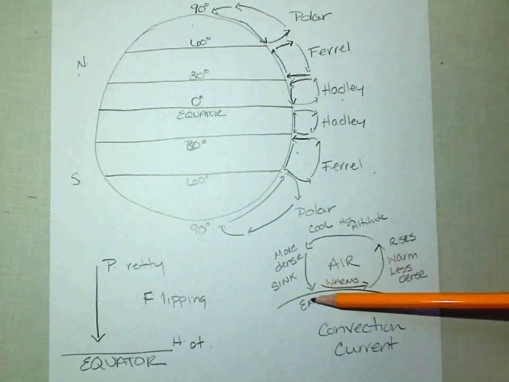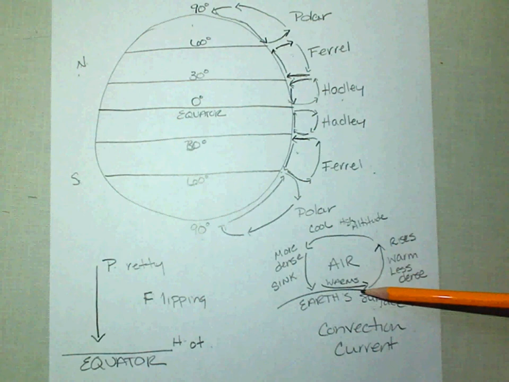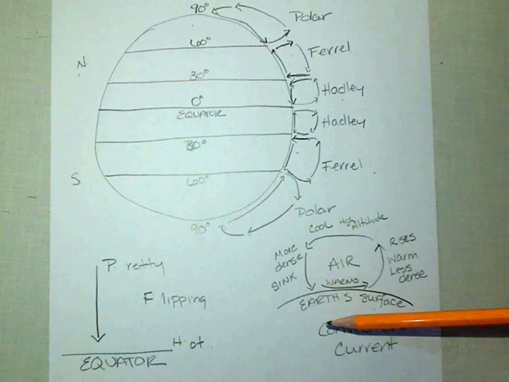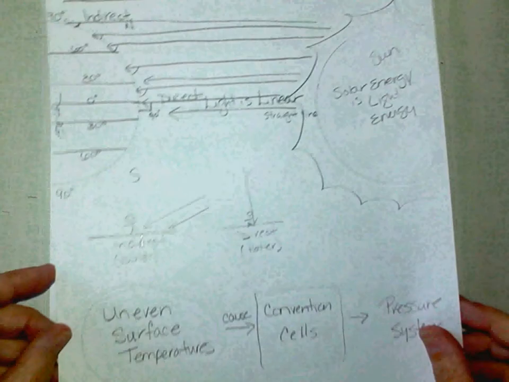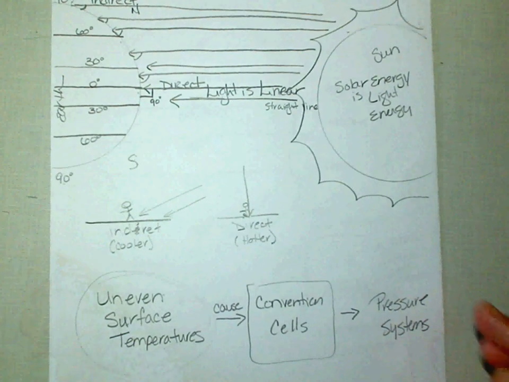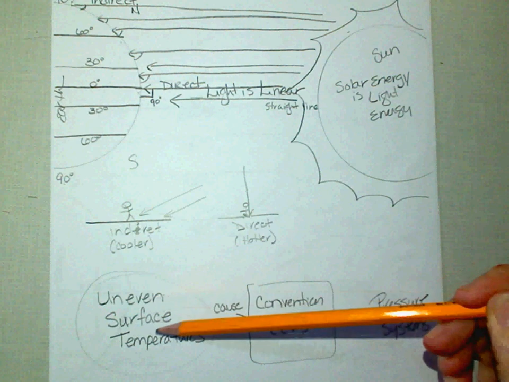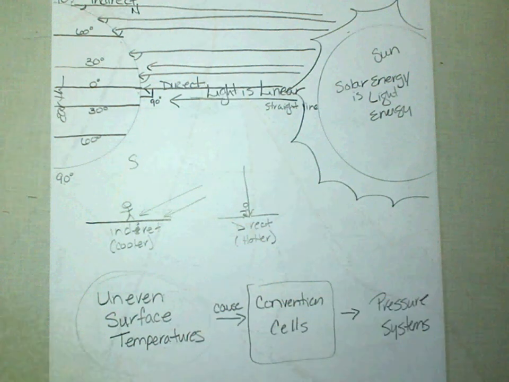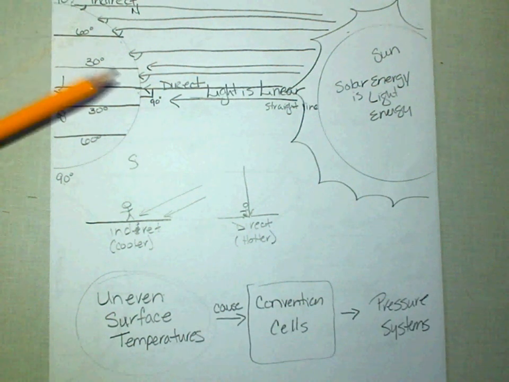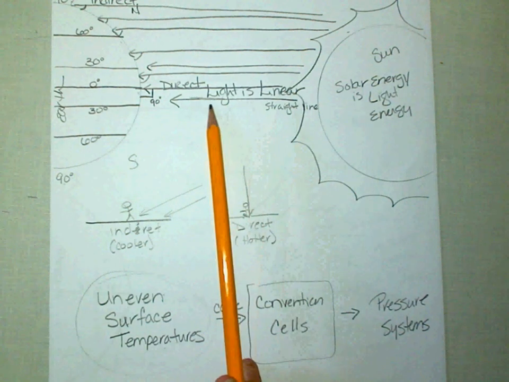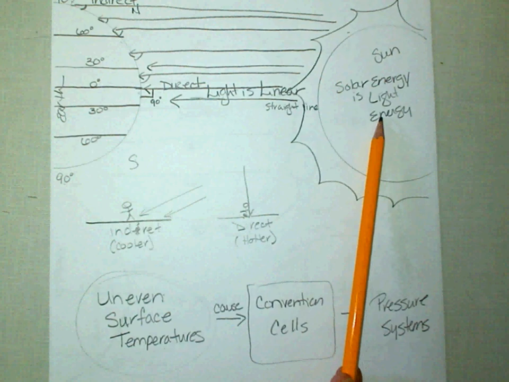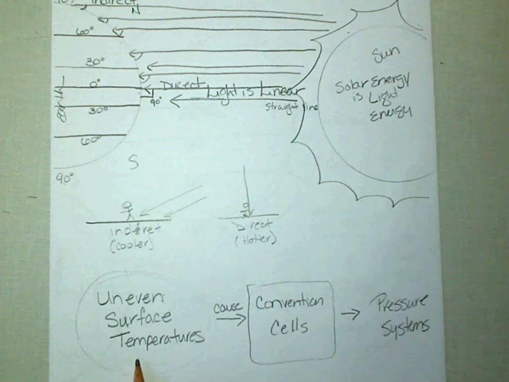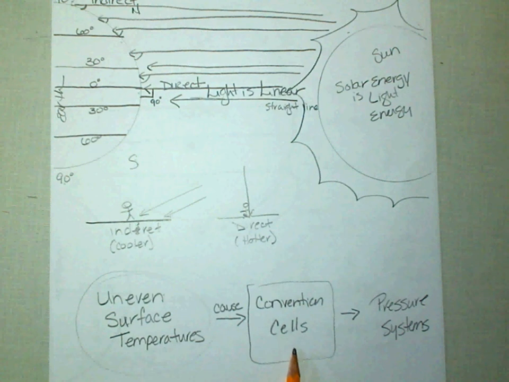And it's very different because we have uneven surface temperatures, because of indirect rays and direct rays, because light is linear and solar energy is light energy. That uneven surface temperature causes our convection cells. And then we're going to move that into pressure systems, climate, and weather.